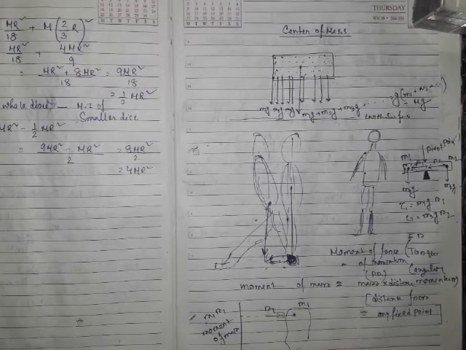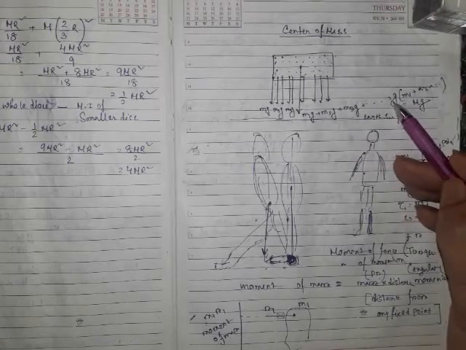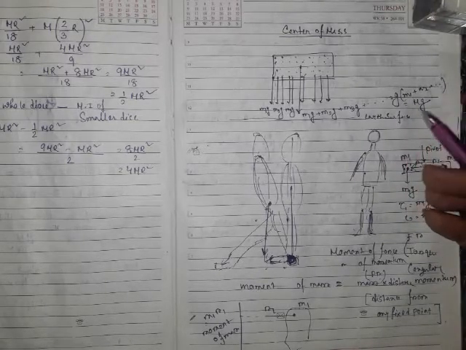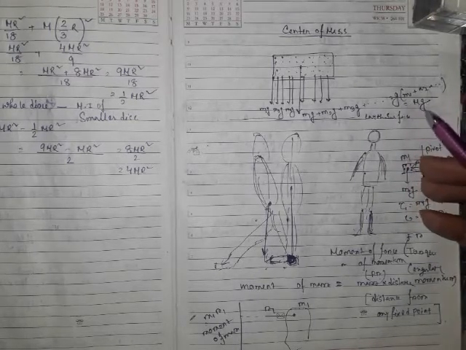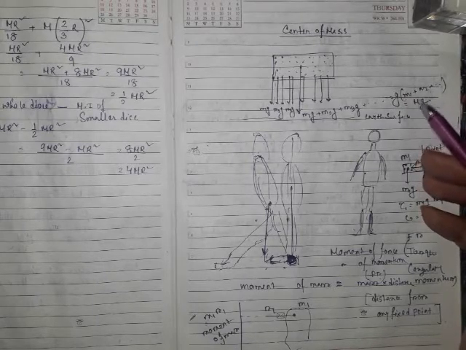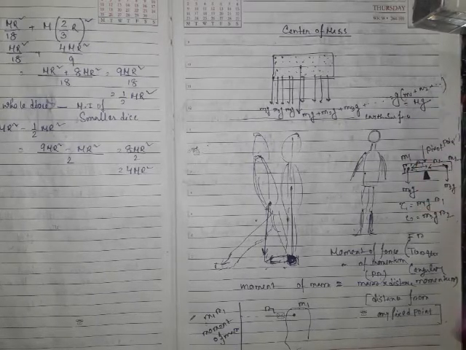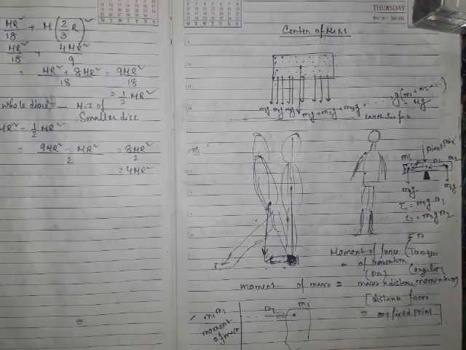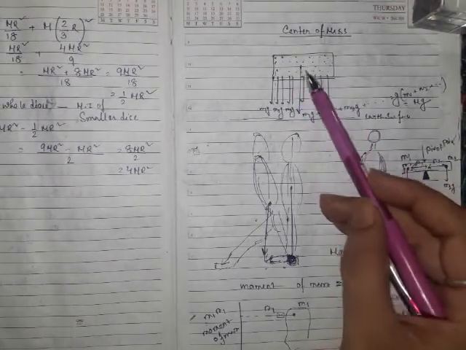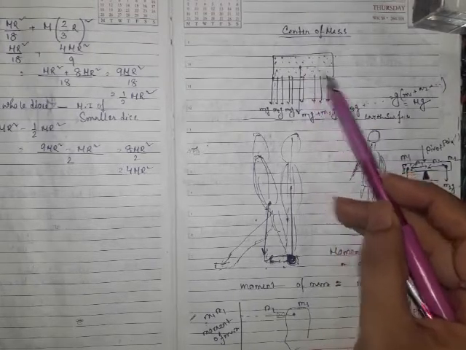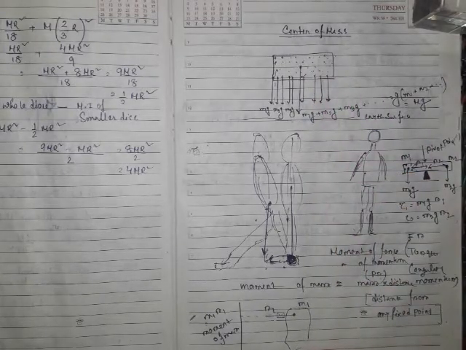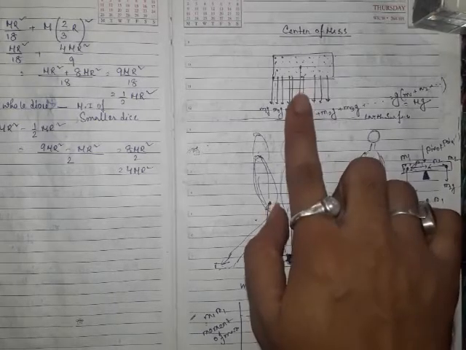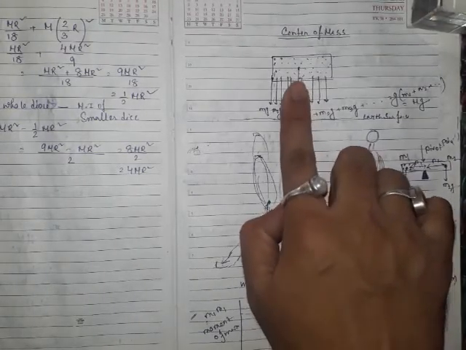The amount of force will be, taking g common, m1 plus m2 plus m3, which is the mass of the whole body, capital M, so the force is Mg. Now if you want to hold the object on your fingertip, you have to put an upward force at that point only.